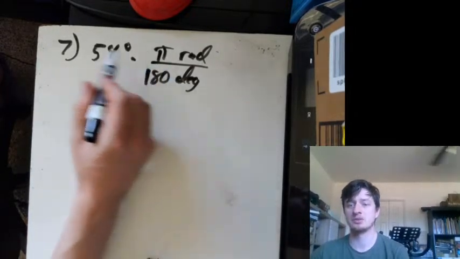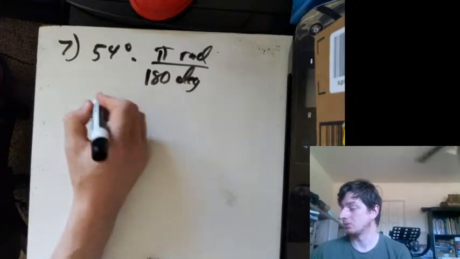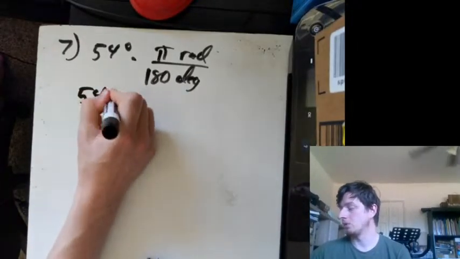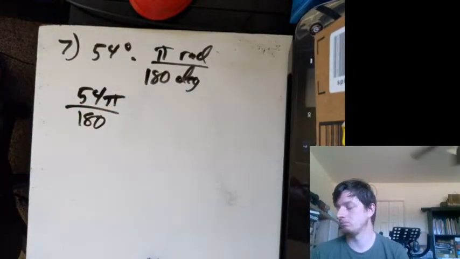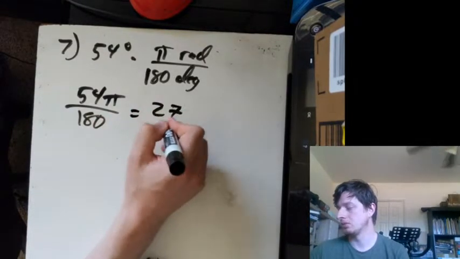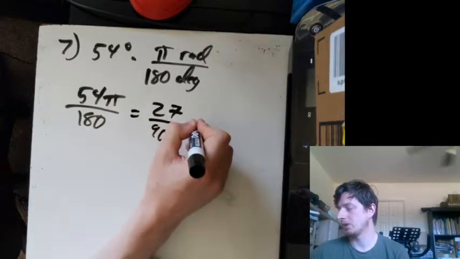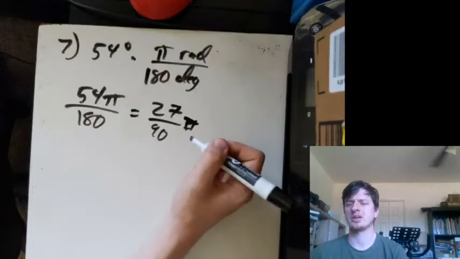We're just changing the units that it's in. It's going to be 54 pi over 180, and I'm sure you could simplify that. So 27 over 90 times pi, and then 9 out of both of those.